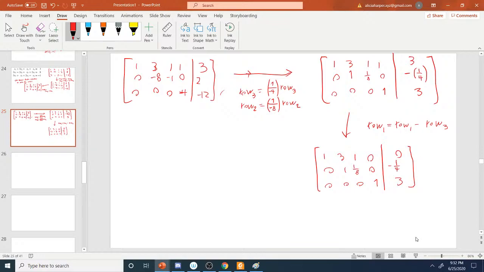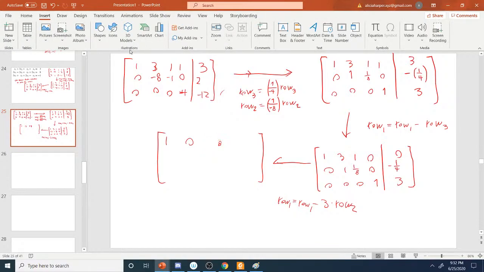So now we go up here and we take row 2 and we subtract 3 times it from row 1. So we set row 1 equal to row 1 minus 3 times row 2. And this becomes 1, 0, and then 1 minus 3/8. And if I do that, then this is actually the same thing as 5/8.